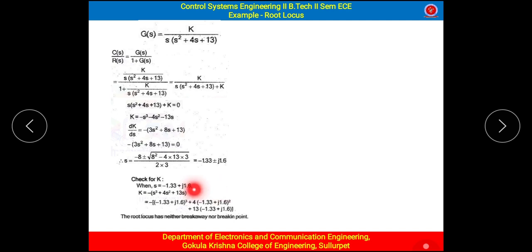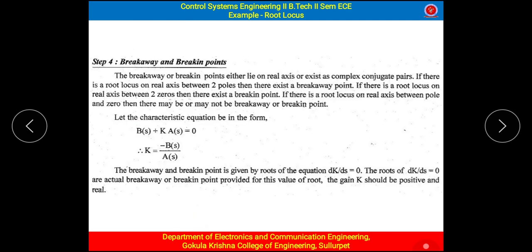This is not a real value, it includes imaginary values also, so we cannot take this particular s. Similarly, if you substitute the other s value, minus 1.33 minus j 1.6, you also get a complex number. Because of that, this particular root locus has neither breakaway nor break-in point. So this is obvious.